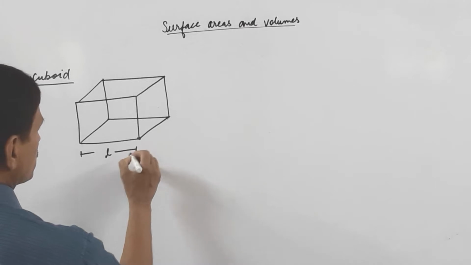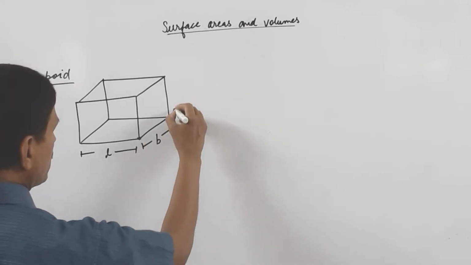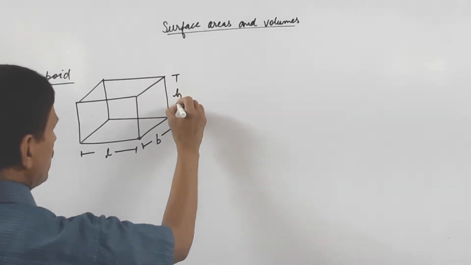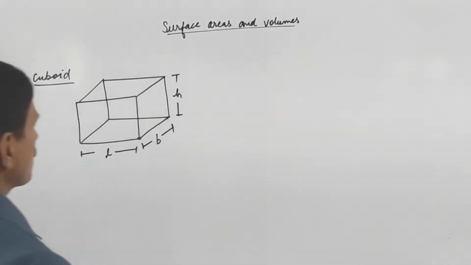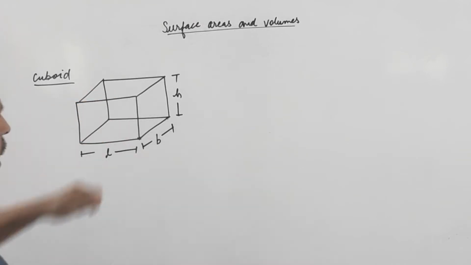It is having 3 dimensions: length, breadth and height. Opposite faces of a cuboid are equal.